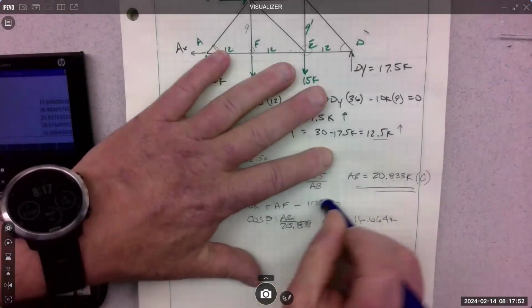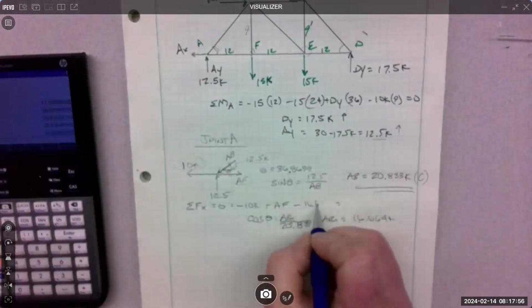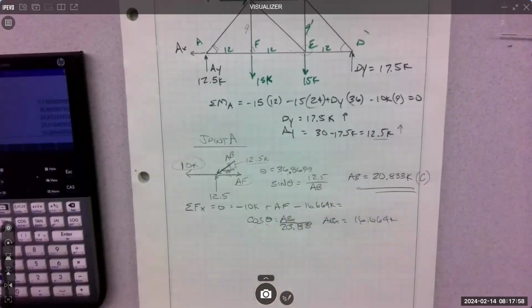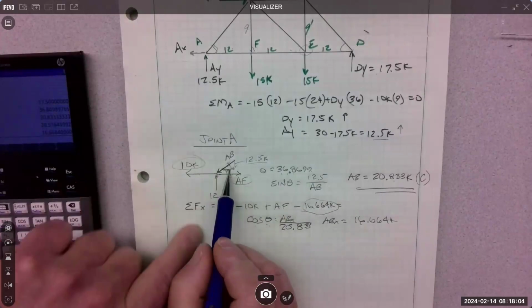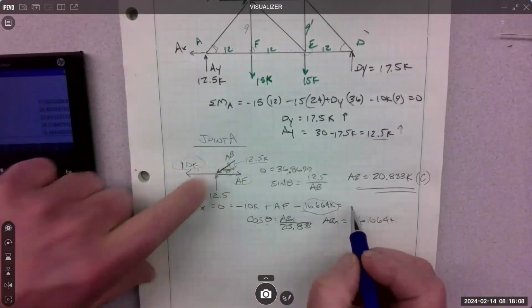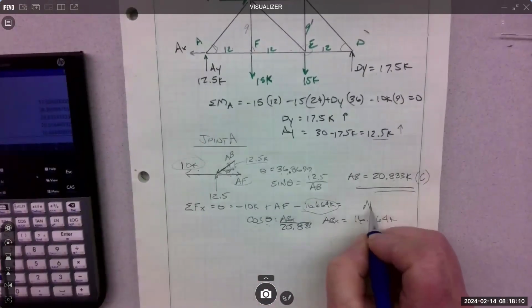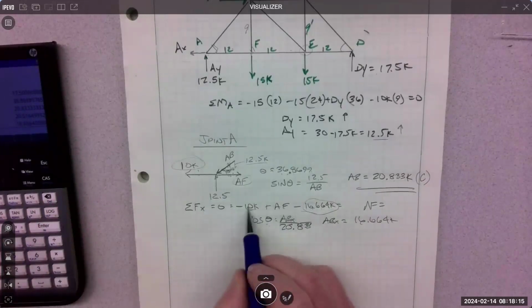That goes in here. 16.664K. So this is the component of AB. 10K going left, AF going right. That gives me AF equal to the summation, right? 26.